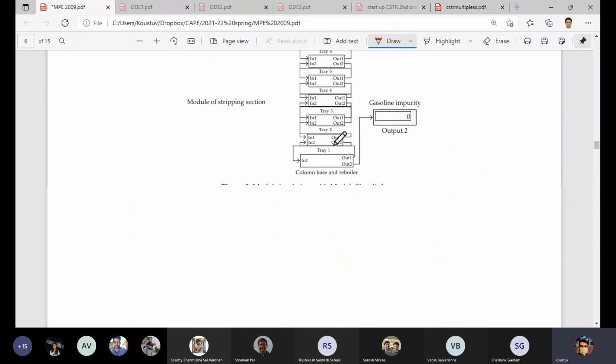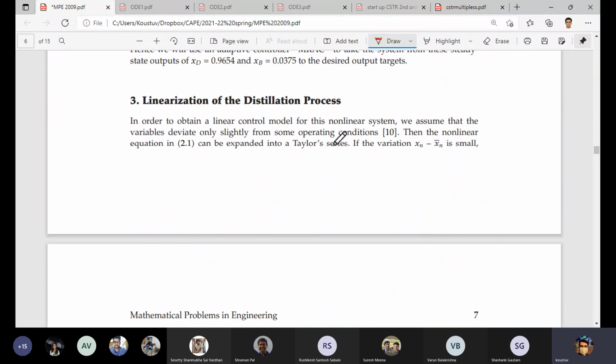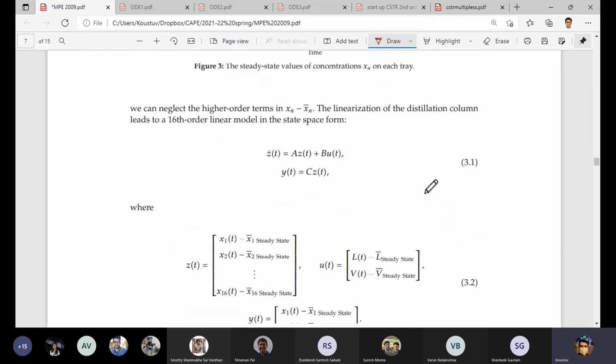Okay, so then what we do, we again can take up this linearization task, the one we did for the reactor case, so that variations across the steady state point, where xn could be one of the critical points or equilibrium points, and if the variation is small we can write the Taylor series expansion.